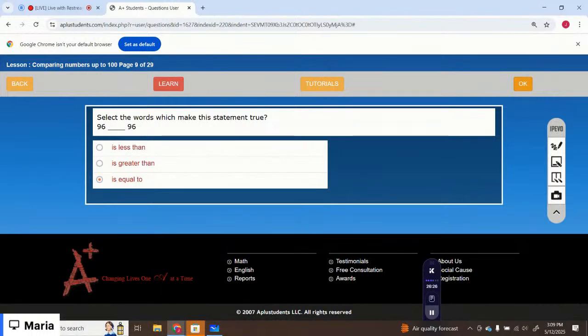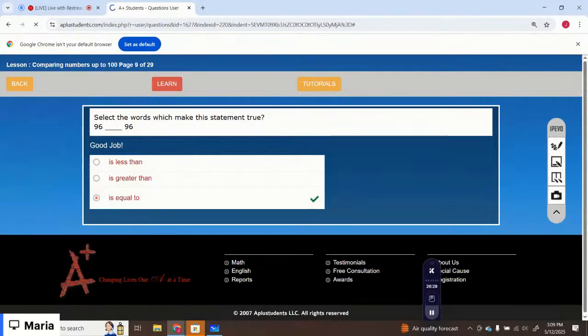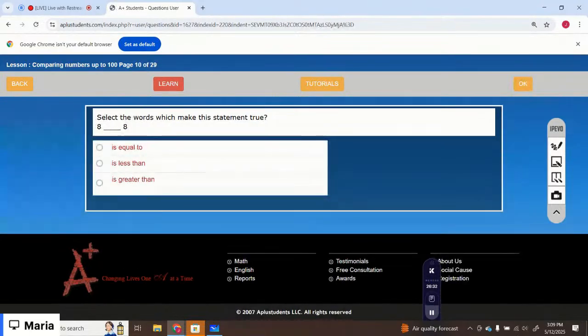Next, select the words which make the statement true. That is 8 is equal to 8. Option number 1 is the correct option.